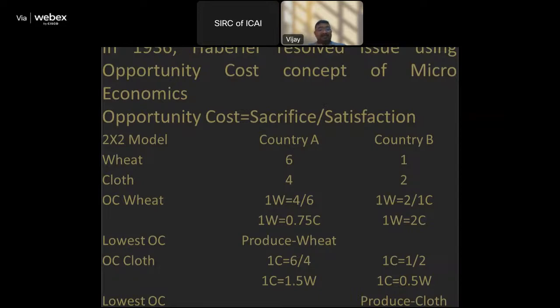If that be the case, sir, for 6 wheat, 4 cloth. So I need to sacrifice cloth in place of wheat. That means 4 divided by 6, 4/6 cloth has been sacrificed for getting 6 wheat.